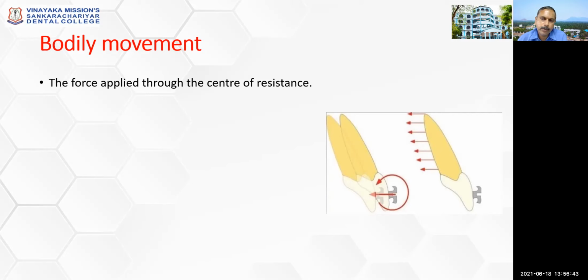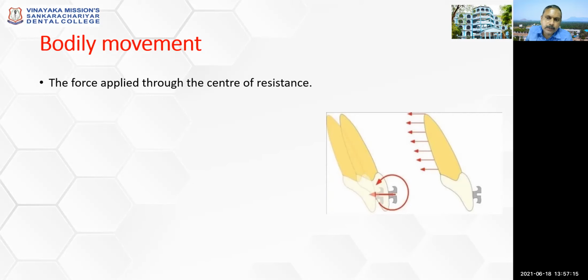Lay people call it braces, but the recent advancement is that you get programmed brackets, or handles, fixed onto the crown of the tooth, which have some programmed prescriptions inside the bracket that will help a bodily movement. You would need to just understand an appliance which causes a bodily movement. But what is a bodily movement?